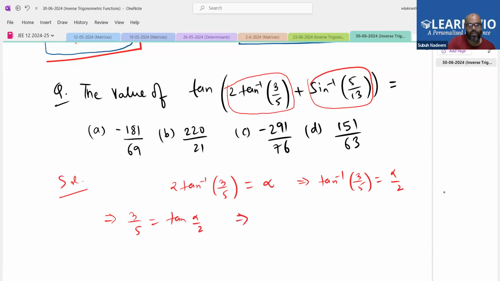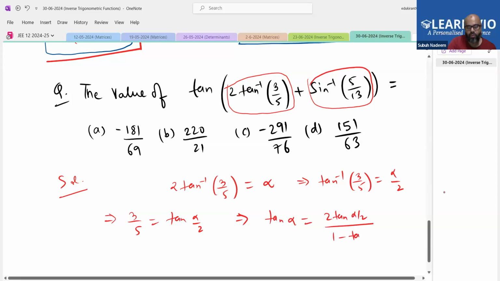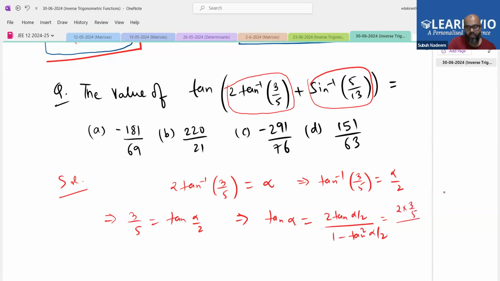Further, if it is tan alpha by 2, that means tan alpha is equal to 2 tan alpha by 2 divided by 1 minus tan square alpha by 2, which will become 2 into 3 by 5 divided by 1 minus 3 by 5 whole square.